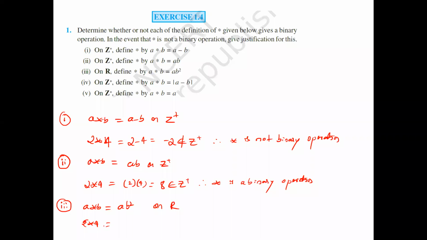We can take any other numbers also, fine. Now A value is 2 and what is the B value? 4 square. What is 4 square? 16. 16 times 2 means what? Yes, 32. Is 32 a real number or not? Yes.